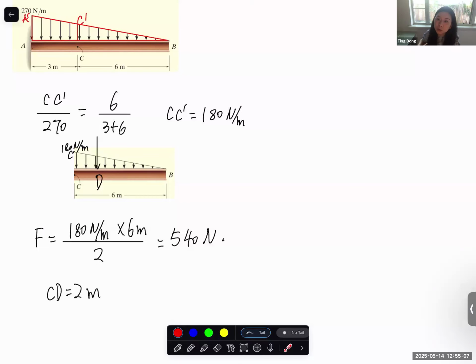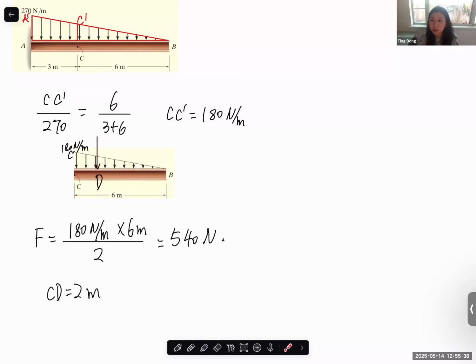Because in the end, when you do the force equilibrium in the X direction, the Y direction, no matter whether it's applied here or here, the equation should be the same. When you do the moment equilibrium equation, this is the force, this is the moment arm. No matter where the Y location is, it's still equal to the magnitude of the force times this moment arm.